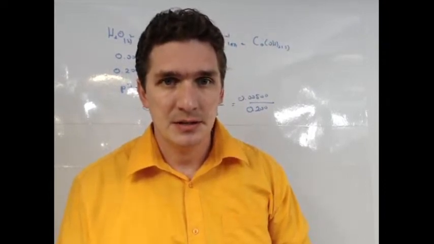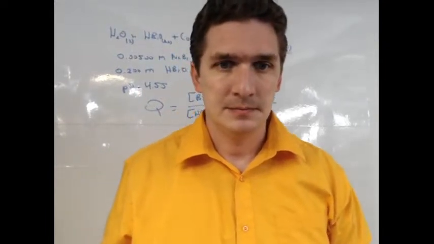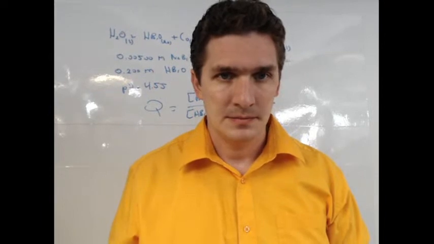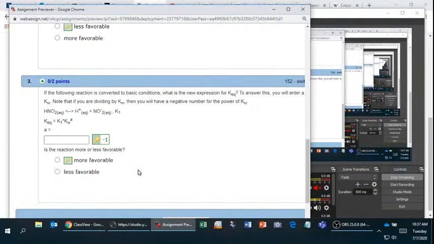Converting acidic to basic conditions. So given the following reaction, HNO2 reversibly going back and forth to H plus and NO2 minus, we want to know how this would change our equilibrium constant K. Specifically, we're looking at what power we would raise Kw to, Kw being the equilibrium constant for water.